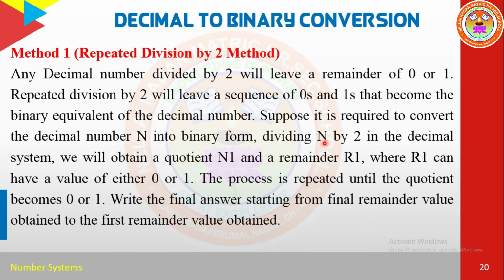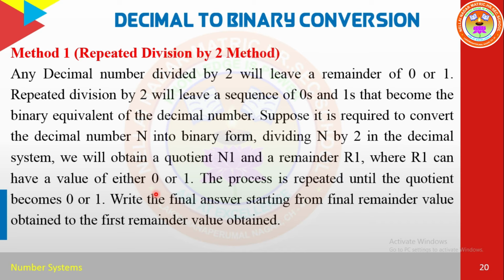That question number value should be put here as n and divided by 2, and we will obtain a quotient called n1 and a remainder called r1, where r1 can have a value of either 0 or 1. The process is repeated until the quotient becomes 0 or 1. Until then you can do the calculation.